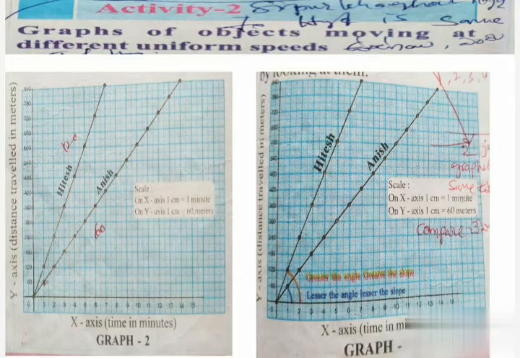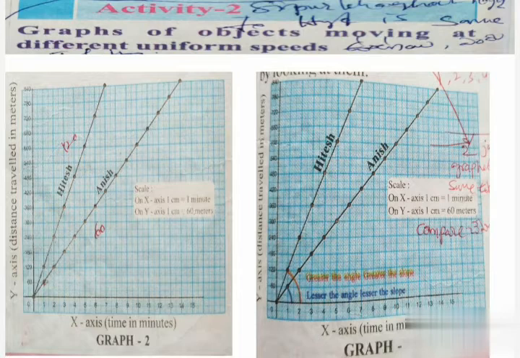So the angle that the graph line makes with the x-axis will be larger. But remember, you can make such visual comparisons only between graphs which have the same scale. You cannot compare graphs with a different scale just by looking at them.